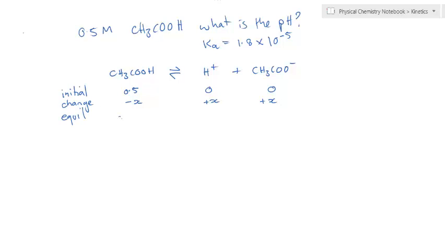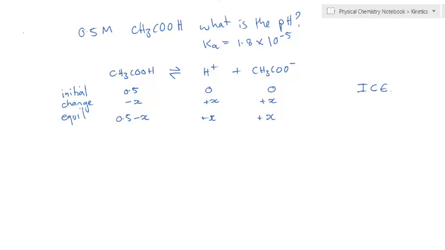The equilibrium is therefore 0.5 minus X, and here we've got plus X and plus X. And this is an ICE table, so if you like having mnemonic devices, ICE: initial, change, equilibrium. It's a really good way to set things out.